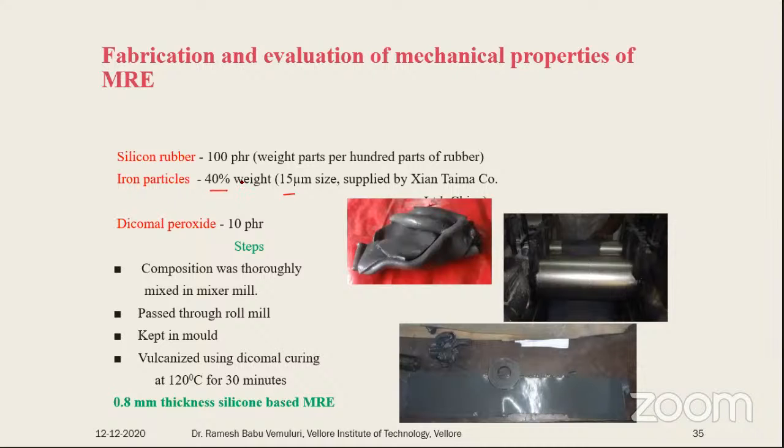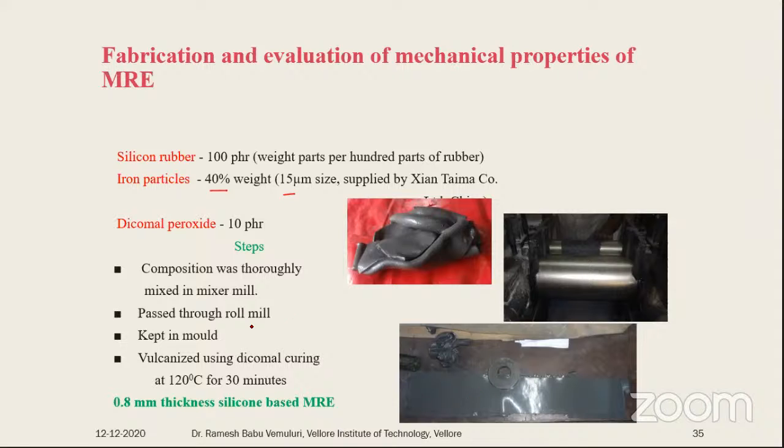This composition was thoroughly mixed in the mixer mill, and after that passed through the rolling mill, so that we get a uniform plate structure. That's why we rolled it, for thorough mixing as well as to make it uniform, and kept it in the mold. We had one mold for the MRE.